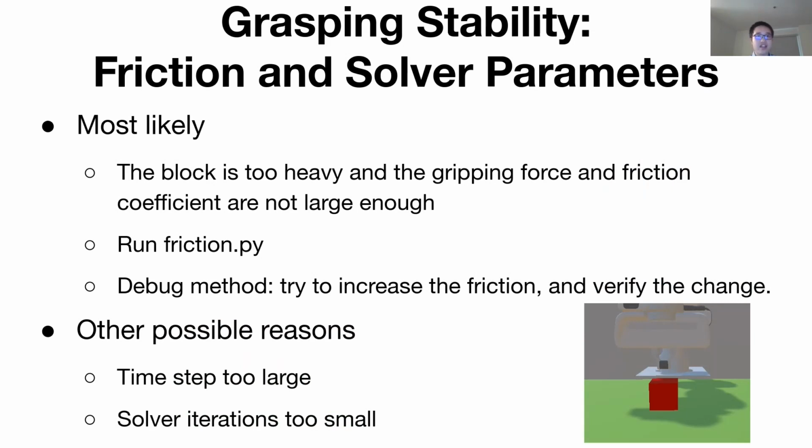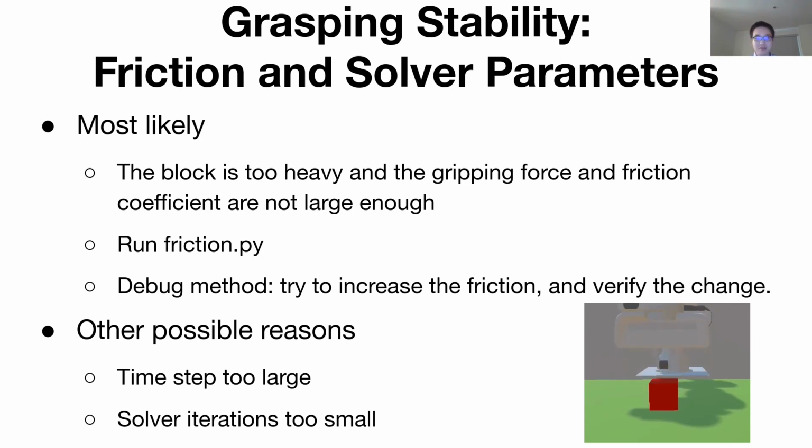And the next thing is about grasping stability. Sometimes when you're trying to grasp something in the scene, like this cube here, you will see the gripper slip off this object. And in this case, the most likely cause is that the friction or the normal force is just not enough to grasp this object.